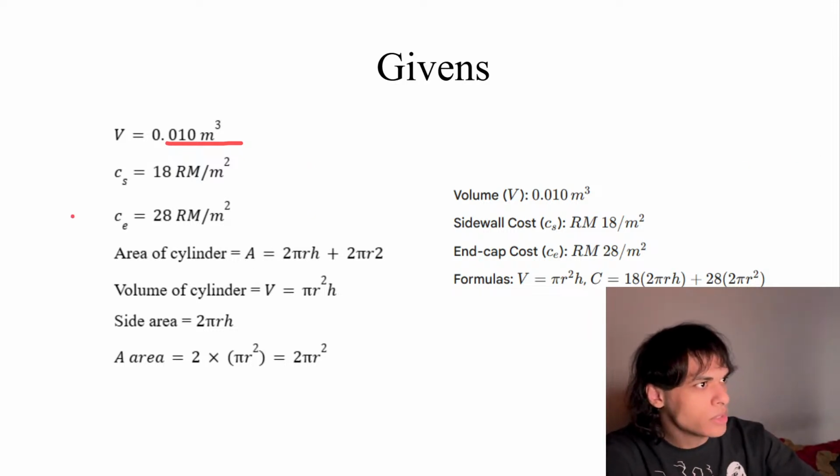So the cost for the sidewall, and the initial end cap cost, the initial sidewall cost, and we also have the analysis case end cap cost, which is 35 ringgit. And we're trying to get the radius and the height. That's the goal, right? Besides that, we have the area formula for the volume.